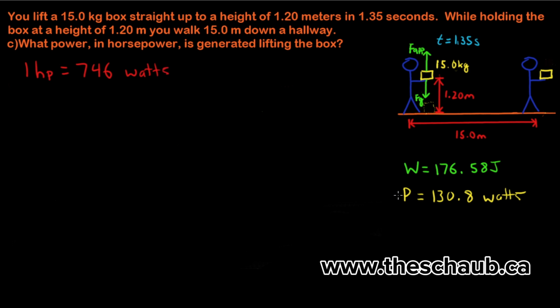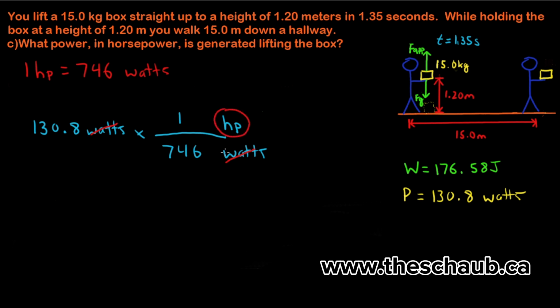So we can take our power from part B, 130.8 watts, and we multiply this by 1 horsepower over 746 watts, because we want our watts on the top to cancel with our watts on the bottom, leaving us with our desired unit of horsepower. 130.8 divided by 746 equals 0.175 horsepower.